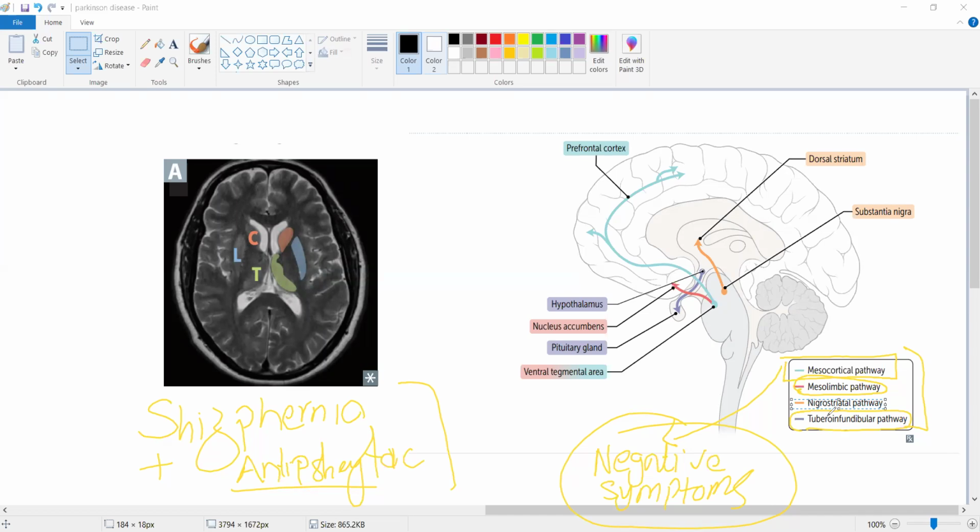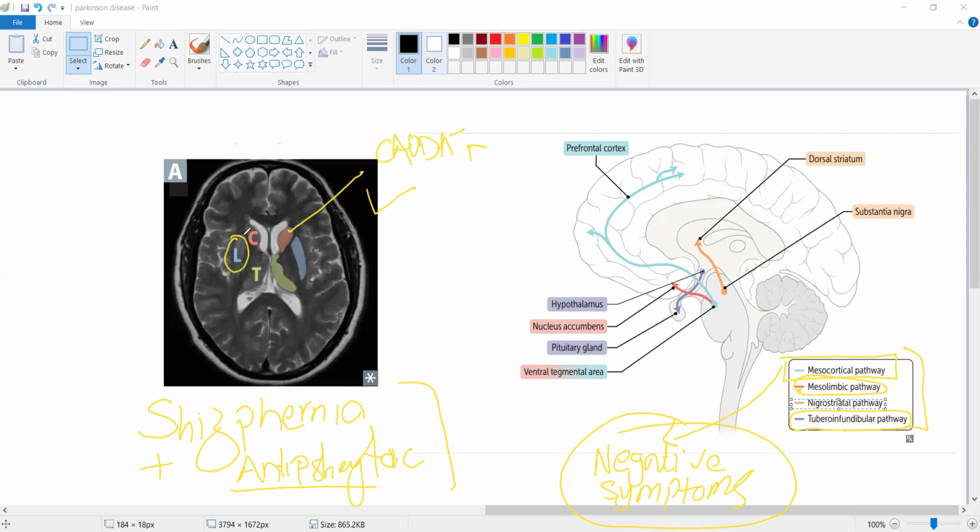Okay. So USMLE loves to ask about sections. So brain sections, brainstem sections, right? Sometimes they want to know about these things on CTs. So in this picture, C represents caudate, right?